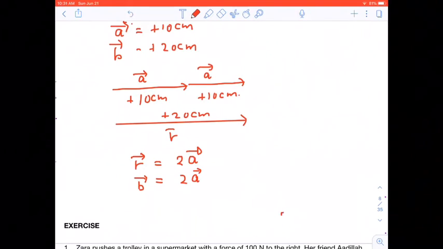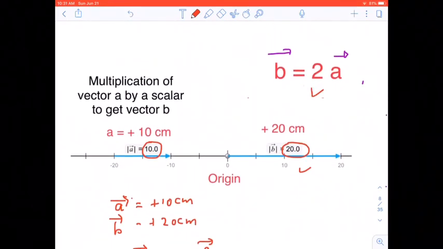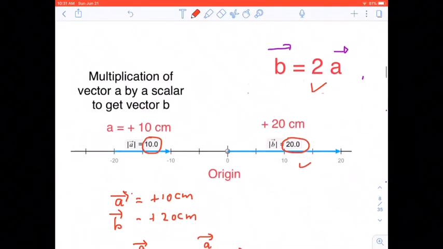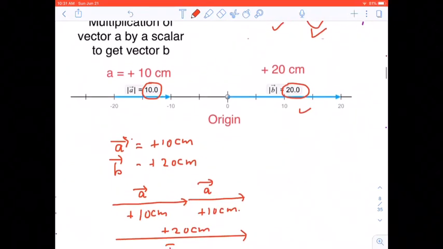So here we have it. Right, vector B is equal to 2 times vector A. So that's a vector, and if we multiply it by a scalar, we can get that particular vector.